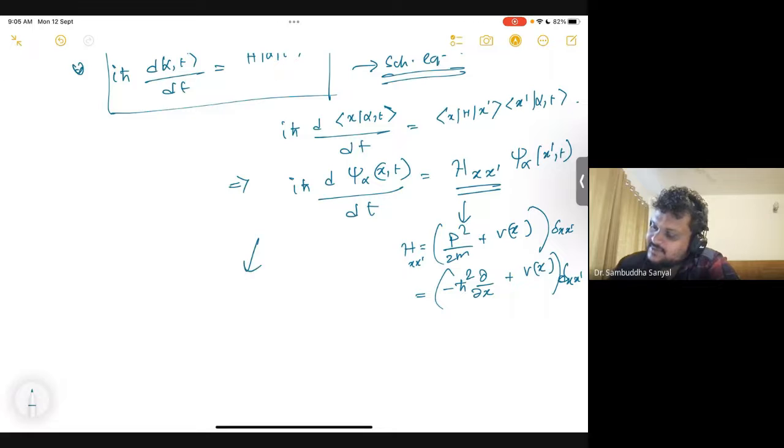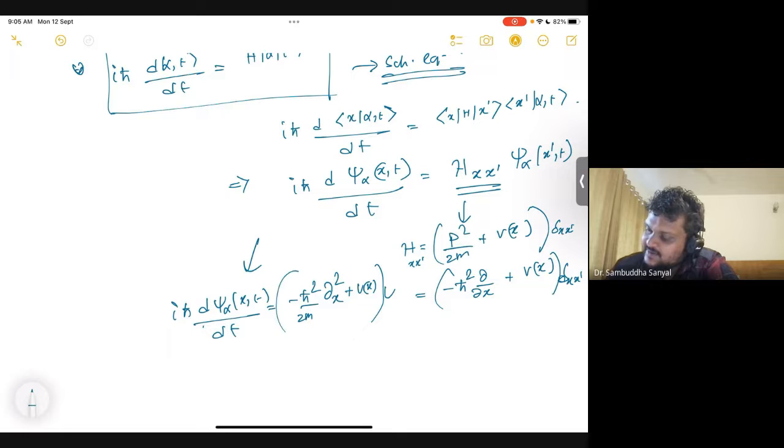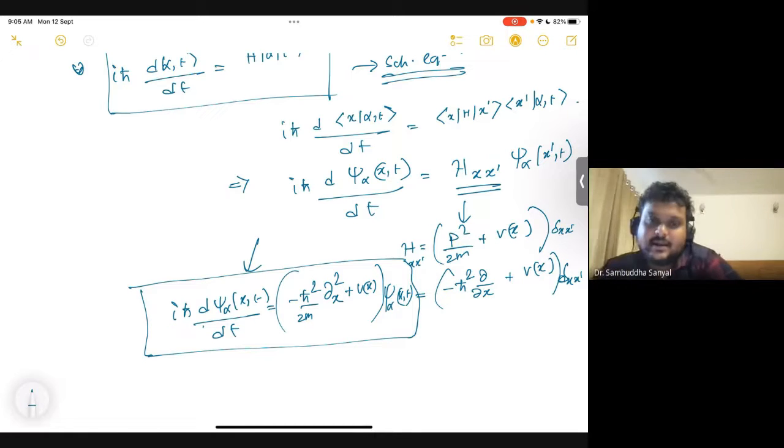So this becomes i h bar d psi alpha x t by dt equals minus h bar square by 2m del x square plus V x. Since it's a delta function, it is nothing but this. Okay. So this is the Schrodinger equation that you have seen earlier in quantum mechanics, in the World of Quantum Mechanics course. Okay, everybody is clear up to this?